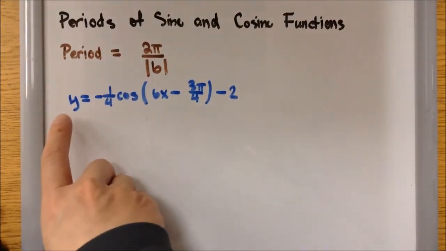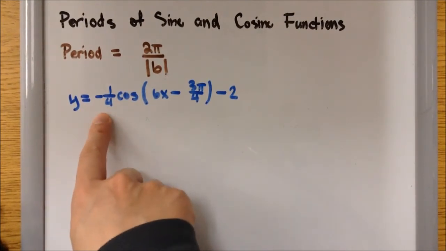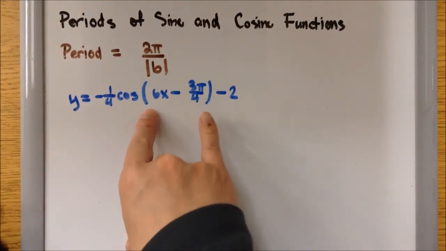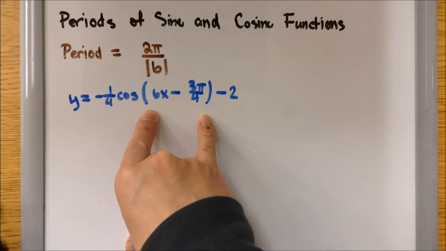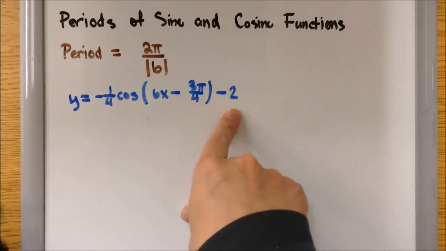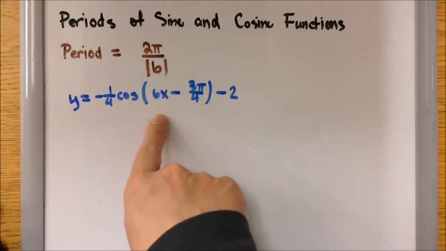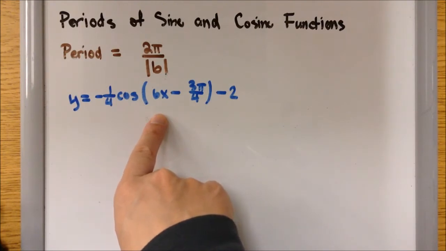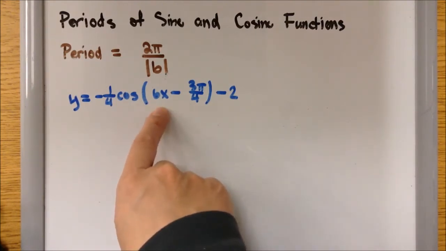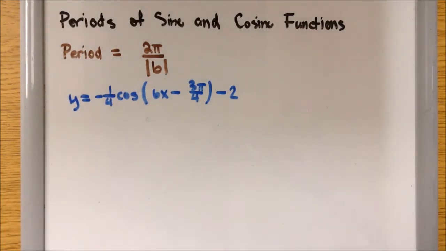Alright, in our third example, we have y equals negative 1/4 cosine of 6x minus 3 pi over 4 minus 2. Now, even though we have x in here, it's still the same operation if it was just theta. So don't worry about that.